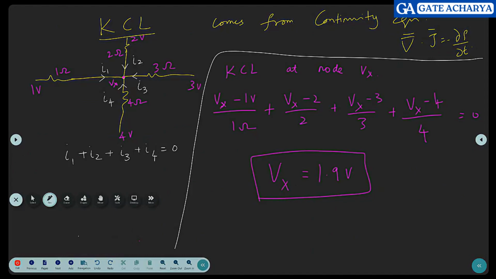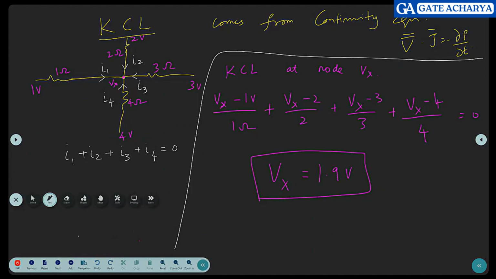Can we also say that KCL comes from the law of conservation of charges? Yes, sir. The law of conservation of charges is what leads to the continuity equation. From that only we will end up at this one. I'll tell you this continuity equation: J is the current density, rho is the charge density.